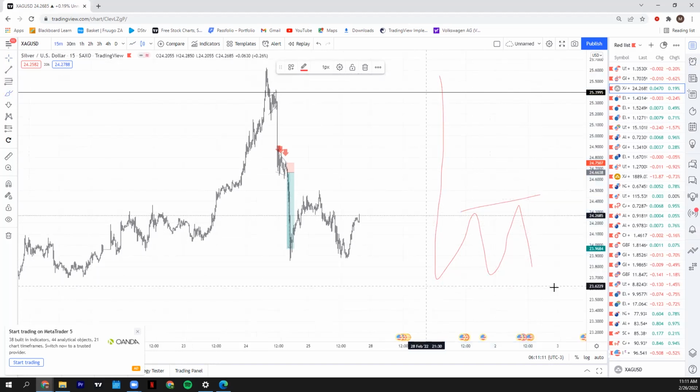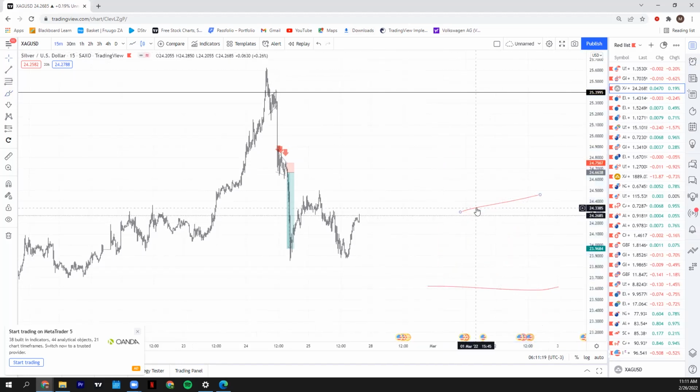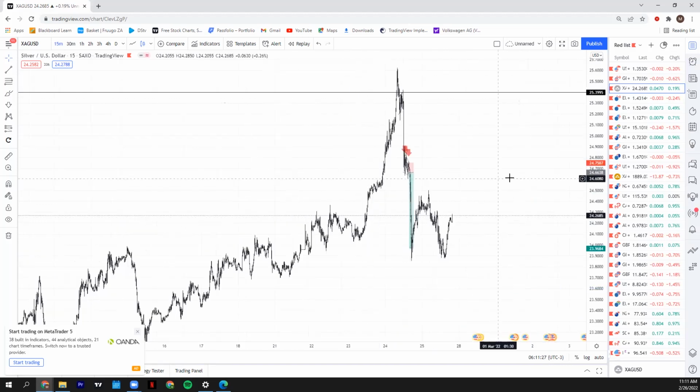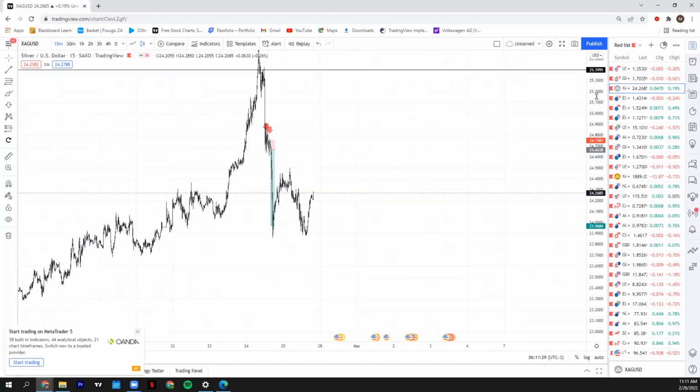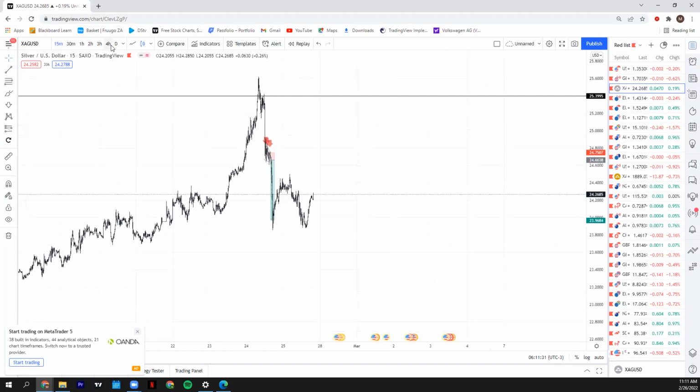And what do you guys know about corrections? After a correction, it's followed by an impulse. So we need to observe this one, but as you can see, it's creating this huge correction. So it's probably going to take a few days, but the potential to the downside is quite significant.